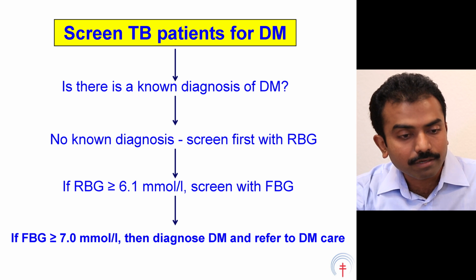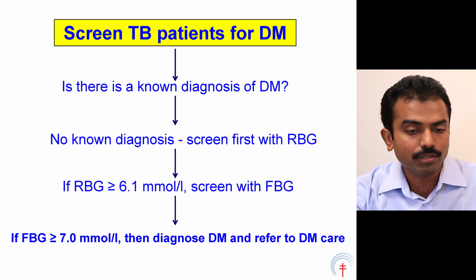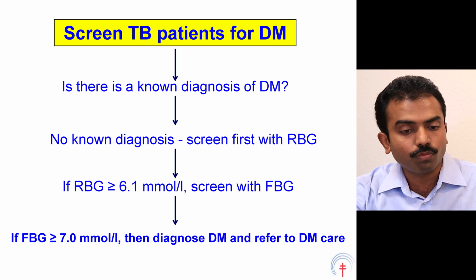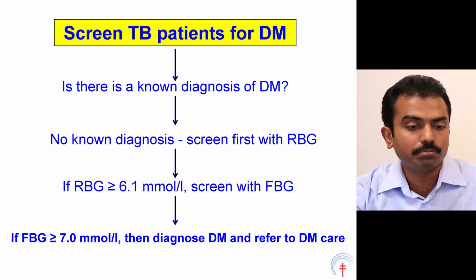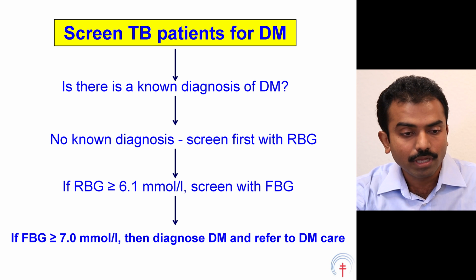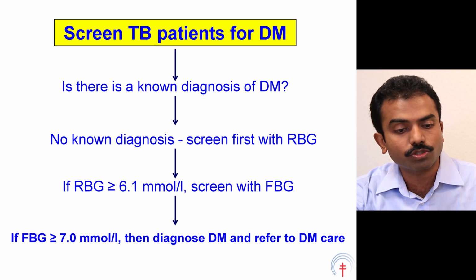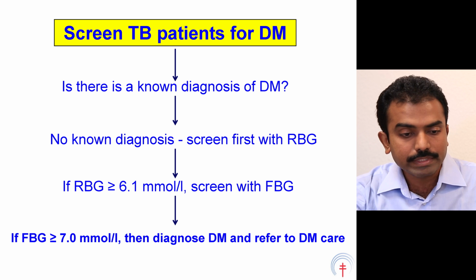So the protocol itself was very simple. It was about screening TB patients for diabetes mellitus. Every TB patient was asked one simple question: do you already know that you have diabetes? And if there is a known diagnosis of diabetes and the patient is already on treatment, it was simply documented in the registers.